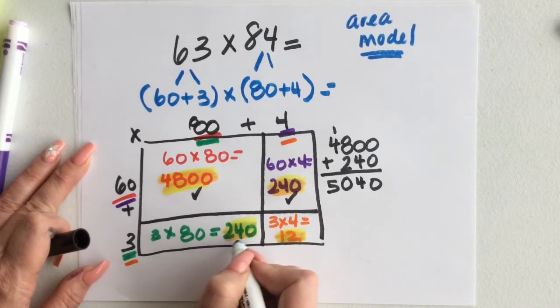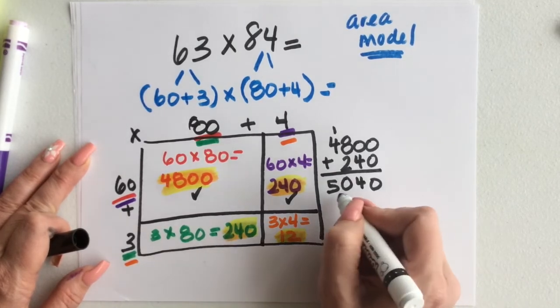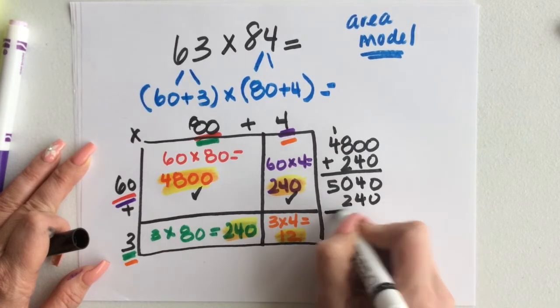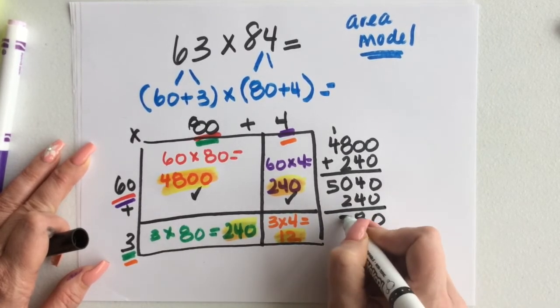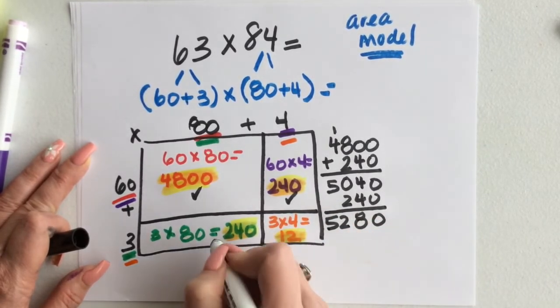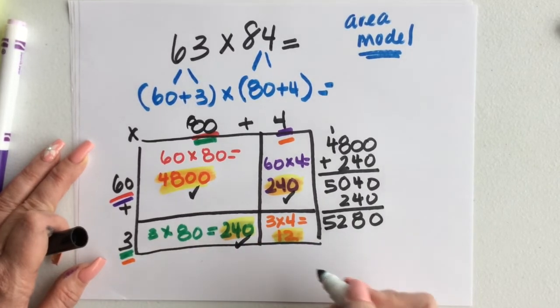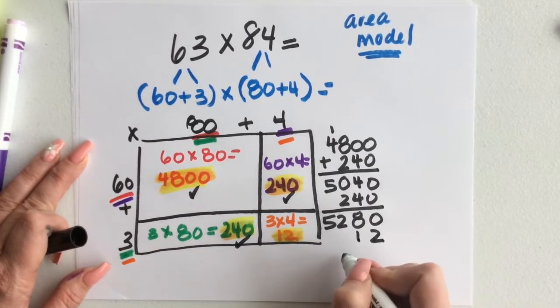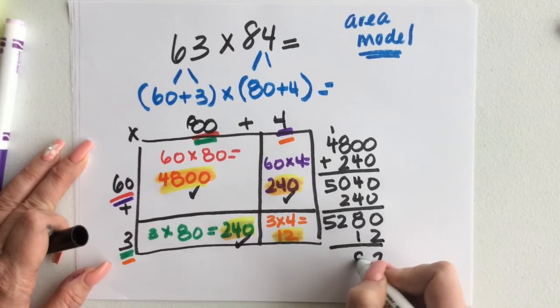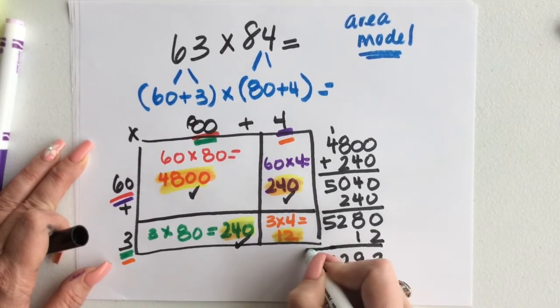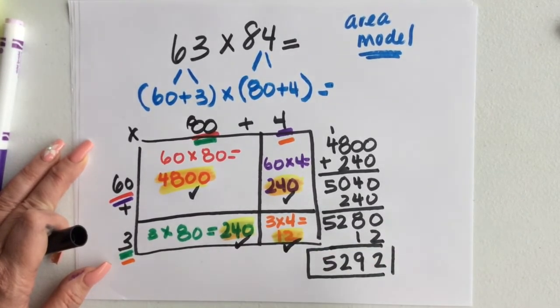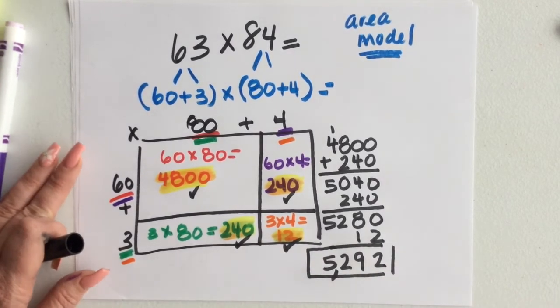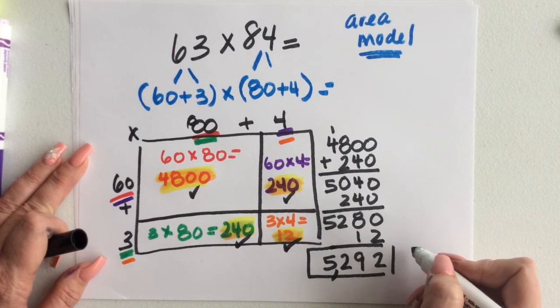So now I have another 240. And then my last piece of 12. So my answer is 5,292. That would have been a lot of base 10 blocks.